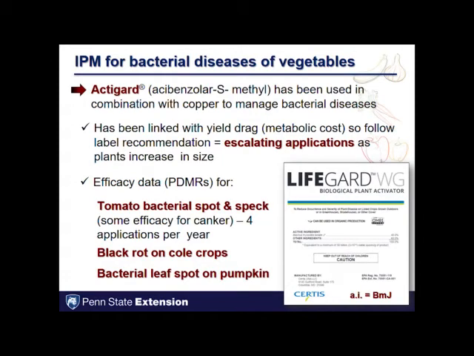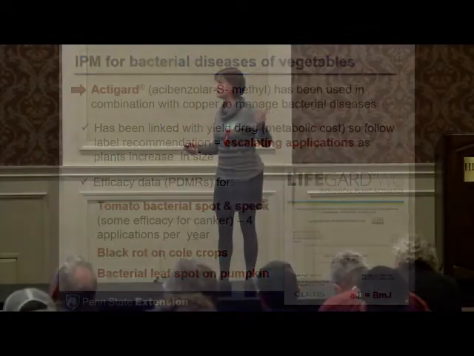So there have been cases with yield drag, because the energy the plant uses to produce fruit is put into a defense response. If a plant is stressed to begin with and you use something like Actigard, you could see some type of yield drag. So when you read labels, you can see increasing rates as the plants get larger later in the season.